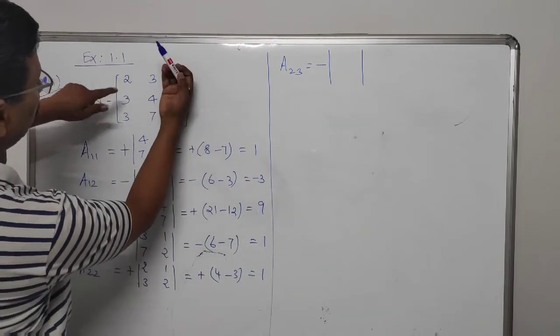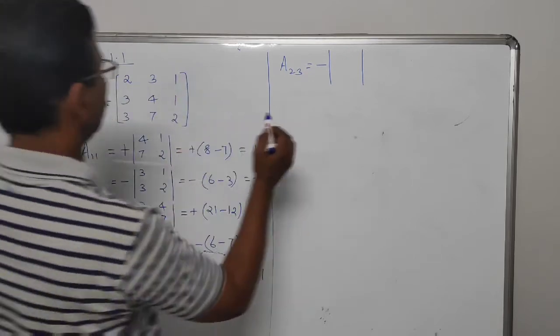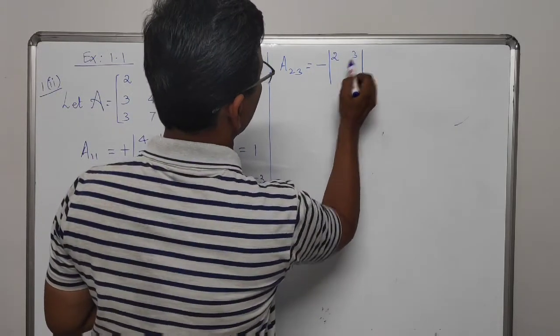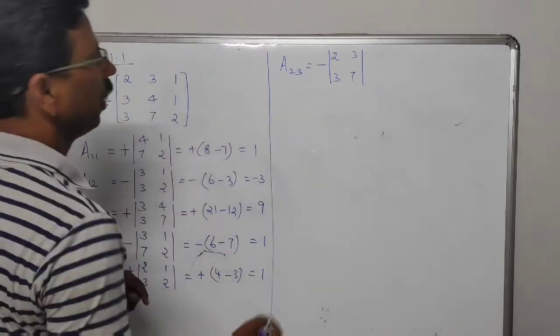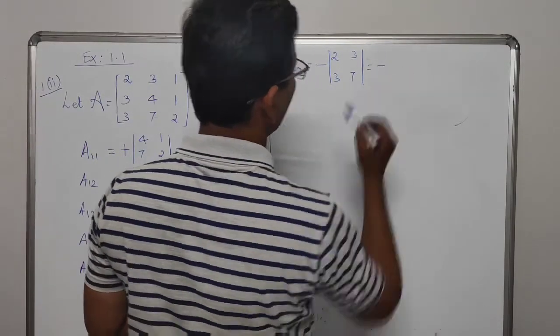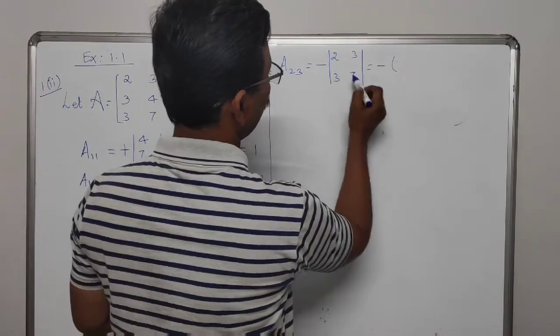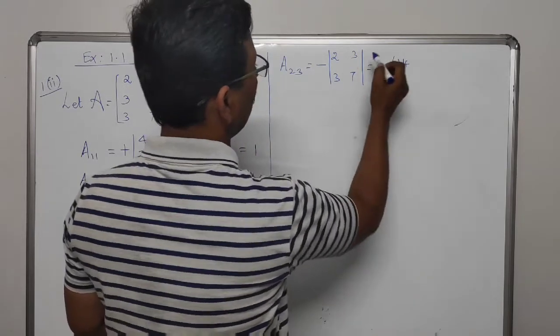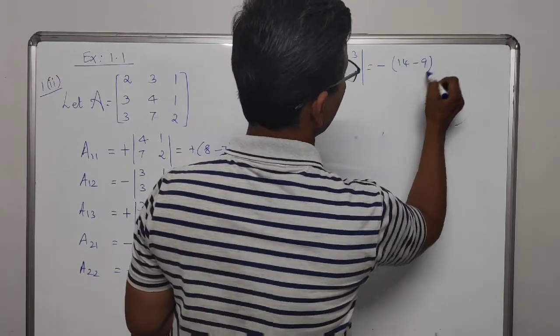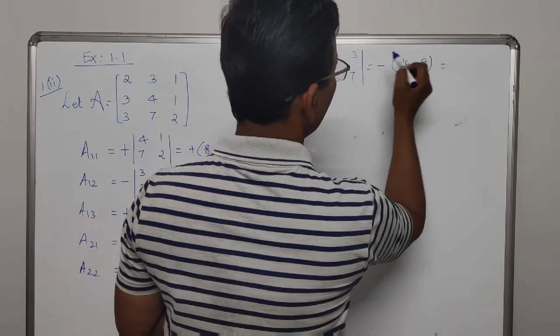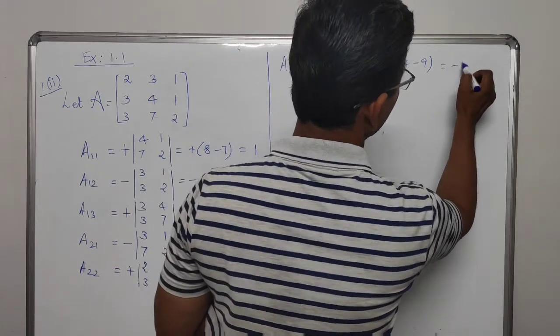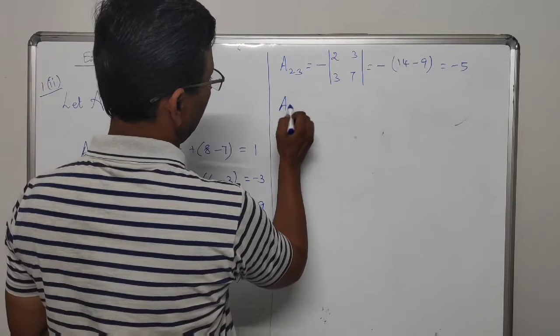Second row, third column means 2 3 3 7, which is equal to minus of, you can find the product, 2 7s are 14 minus 3 3s are 9. 14 minus 9 gives 5. Since minus, you can get minus 5. Then we can write A33.